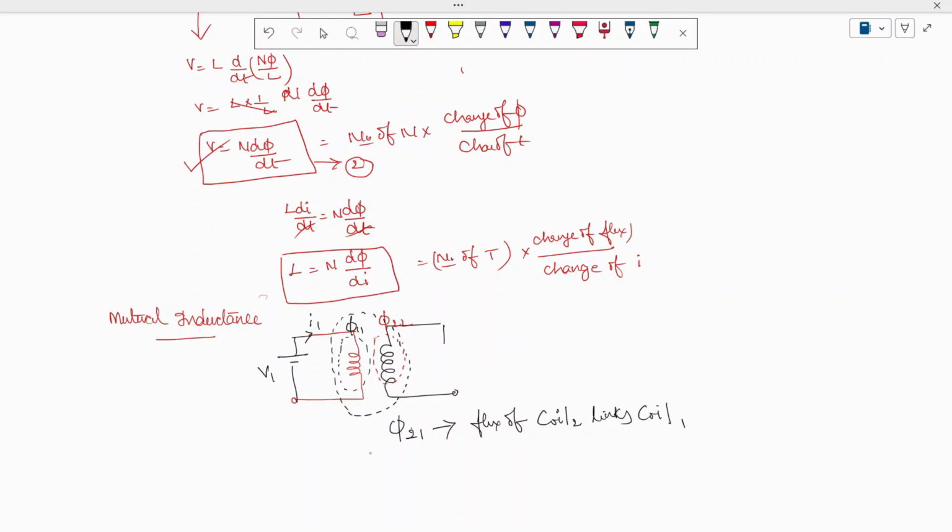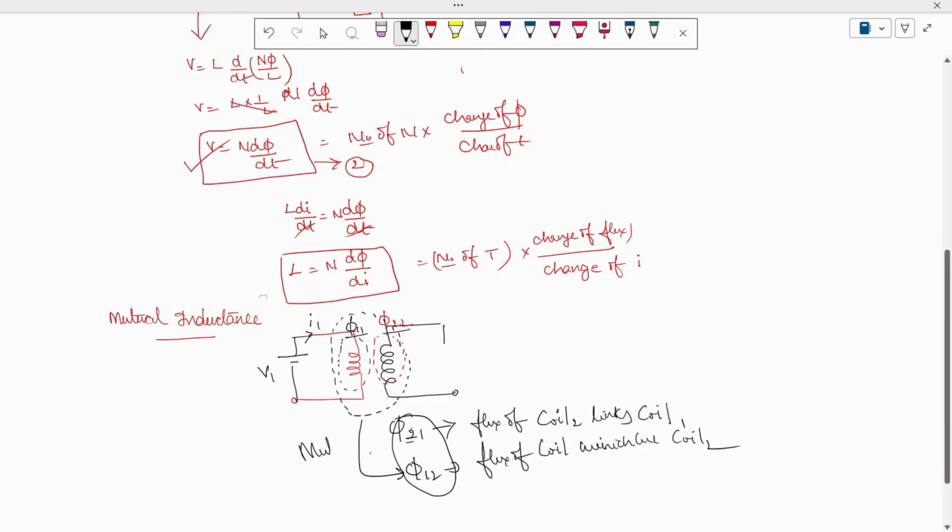The own flux of coil 1 is phi 11, and the own flux of the secondary is phi 22. But the flux of coil 2 linking coil 1 is called phi 21, and the flux of coil 1 which links coil 2 is called phi 12. These fluxes are called mutual flux.